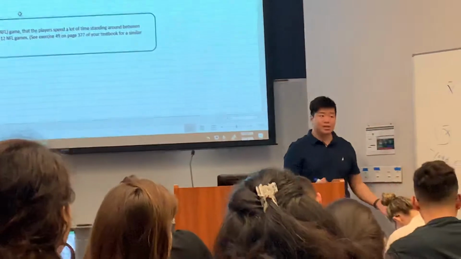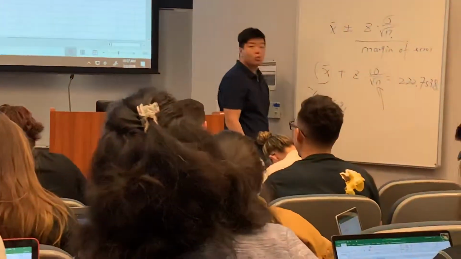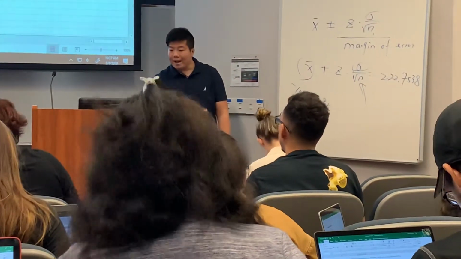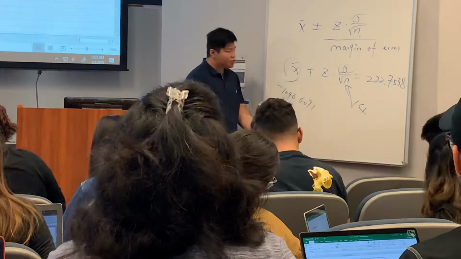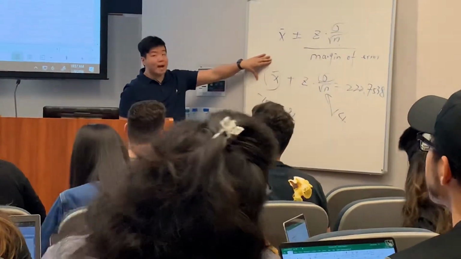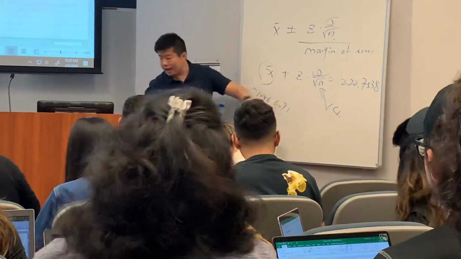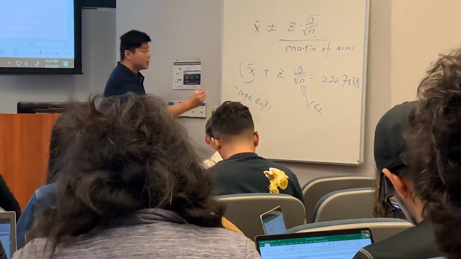I am asked to find the sigma. Sigma is what I'm looking for. My n is 14. The only thing that I'm not given here is the z.